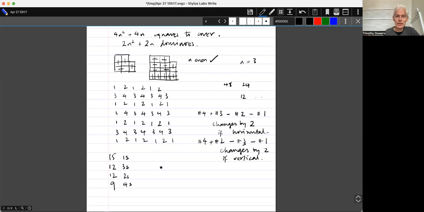So can we make 15, 12, 12, 9 if at each stage we're allowed to add or subtract?